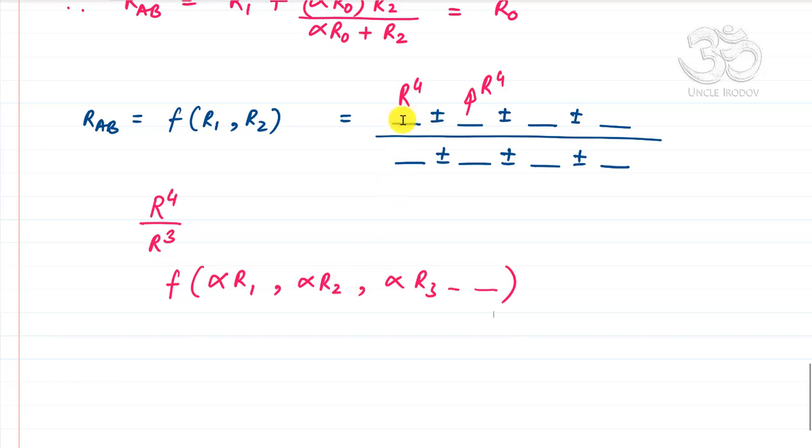So I will then get alpha to the power 4 in every term in the numerator, which I can take common, and alpha to the power 3 in every term in the denominator, which I can take common, and what will be left is just alpha in the numerator, and the remaining function will be the same as the function of R1 R2. Right, so that is why I am able to say that this will become alpha times the function of R1 R2 R3 and so on.